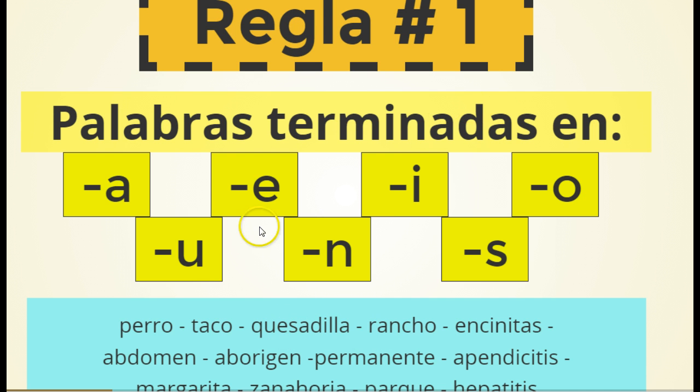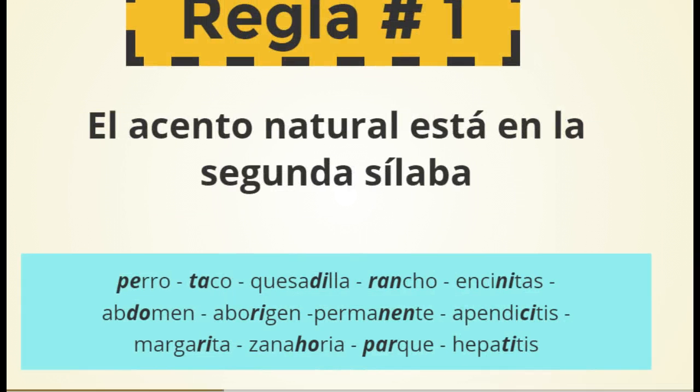Rule number one are the words ending in one of these letters. So when do you put the natural stress? The natural stress in rule number one is on the second to the last sílaba. So sílaba número dos. That is where you put the stress, ¿sí?